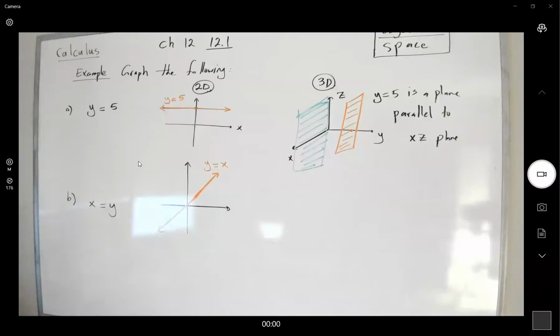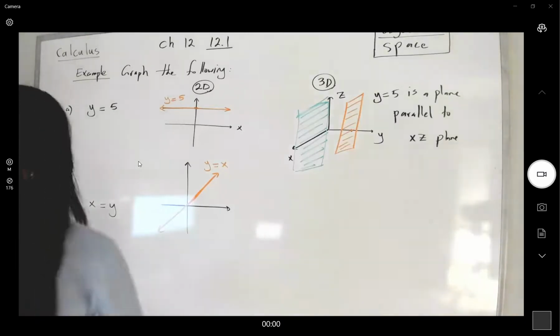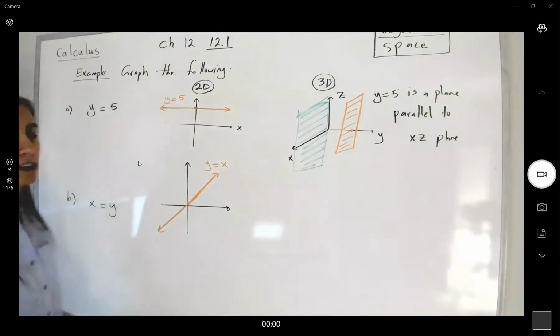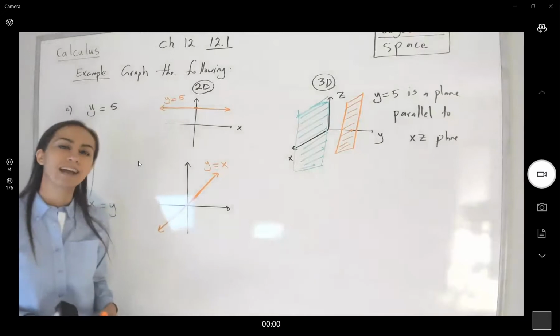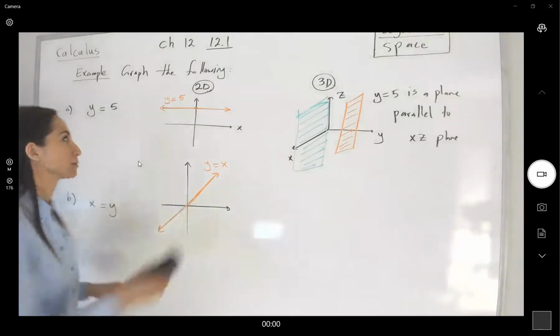Very well. So we're going to use the definition of distance in our Euclidean space and write the formula for the sphere.